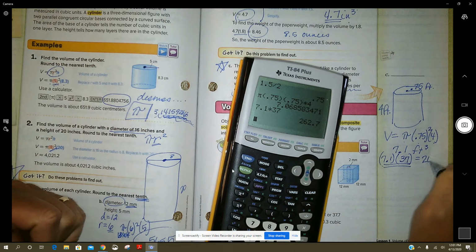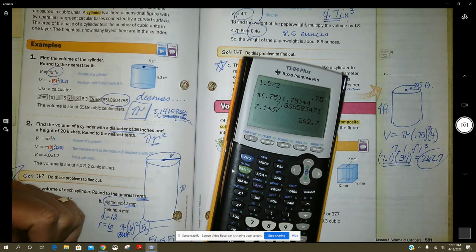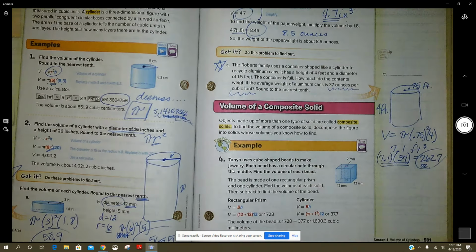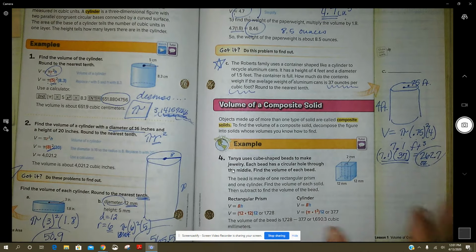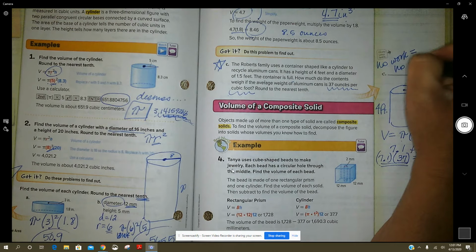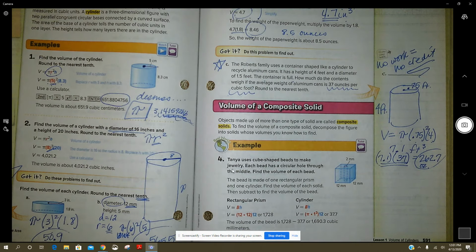That way I can see what you're doing. I can help you out if there are any mistakes that you happen to make, okay? So make sure that you write your work down, right? You know how it works, right? No work means no credit. Okay, so again, make sure you're showing me what you're typing in.